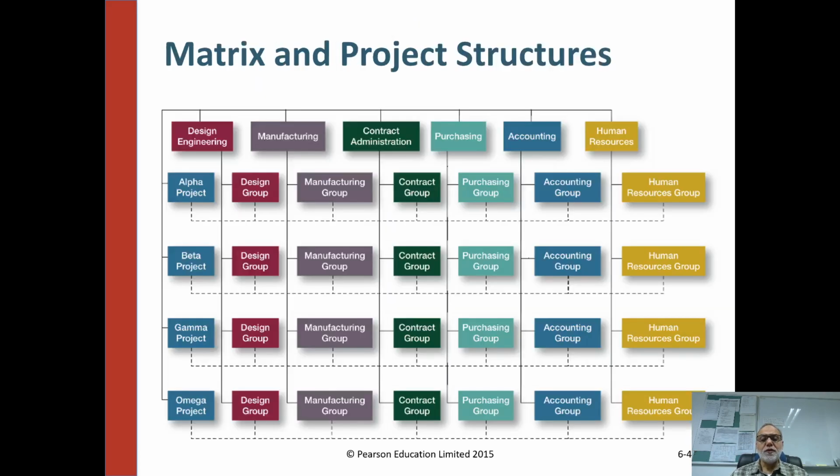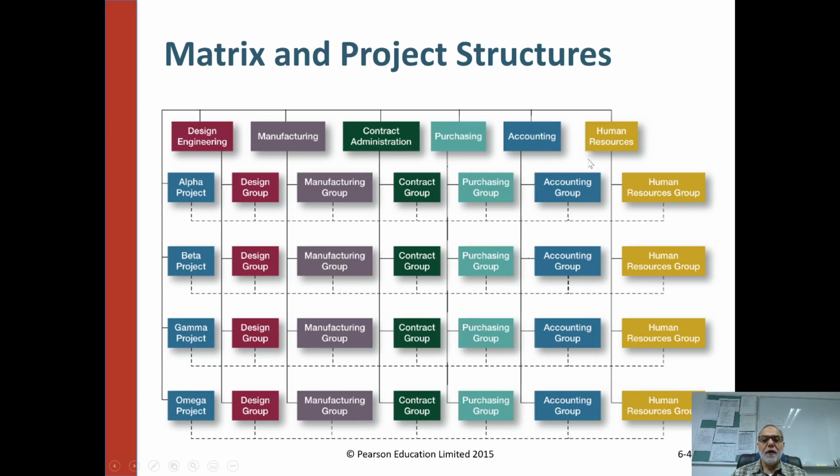The matrix and project structures, we have already discussed this also. Matrix structure is a kind of a matrix. We have the functional managers like design, engineering, manufacturing, contract administration, purchasing, accounting, human resources. These are the functional departments.